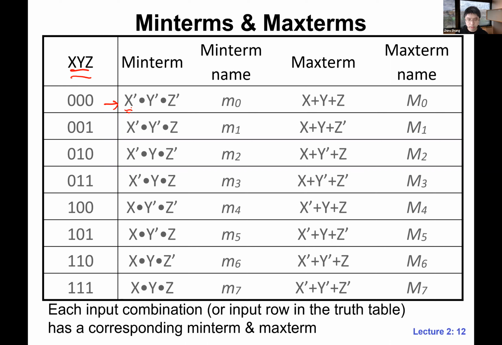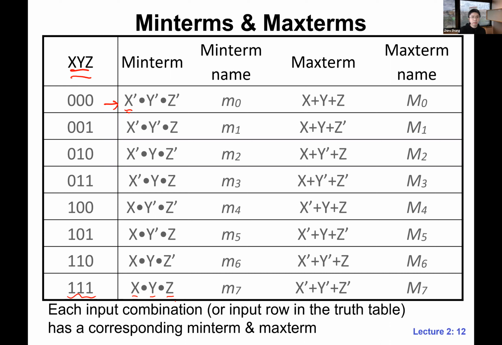Same thing for Y and Z, we use Y not, Z not, and so on. If we have 1, let's look at this one. This is the corresponding min term. X is a positive literal, Y positive, Z positive. So for min term, if you have 1, you have a positive literal. If you have 0, you have a negative literal, and you multiply them together.